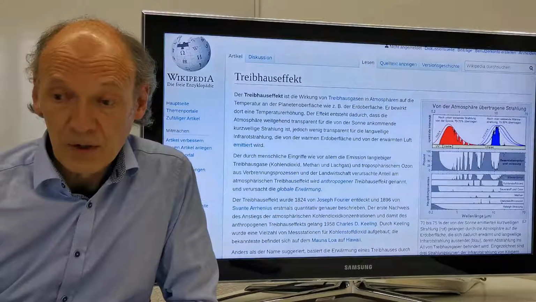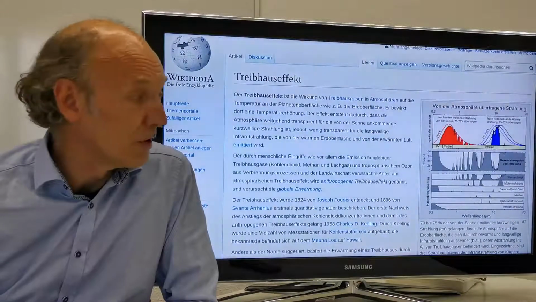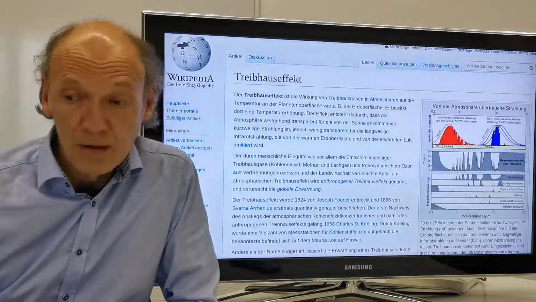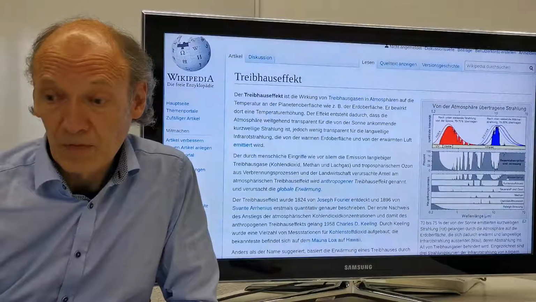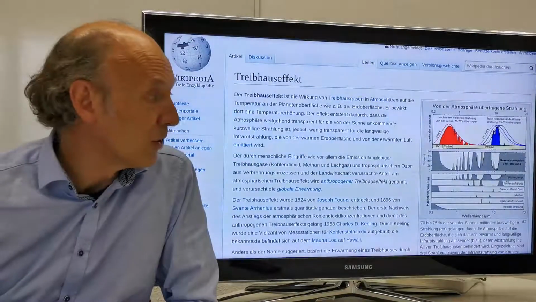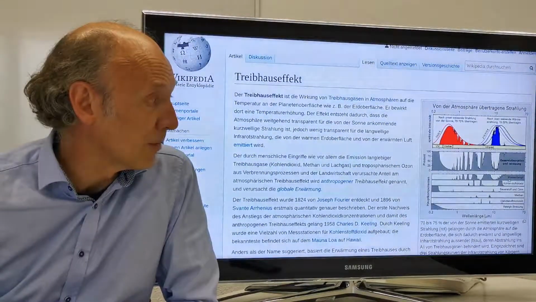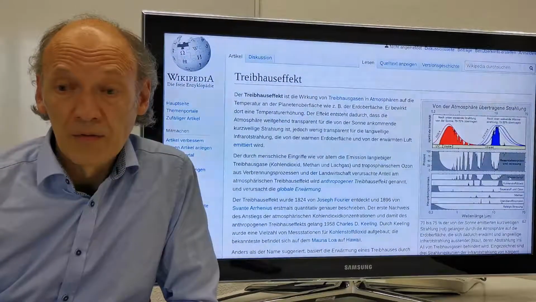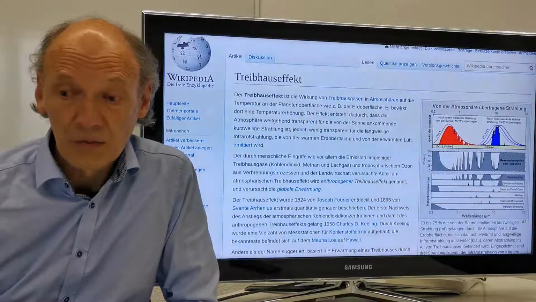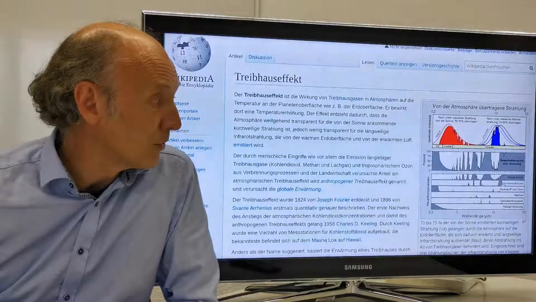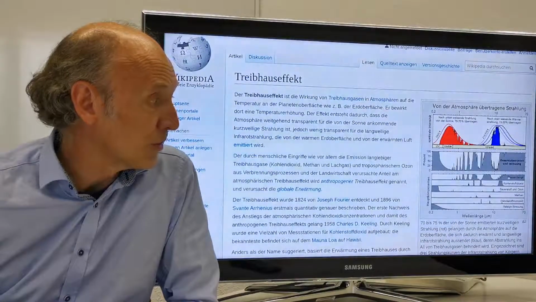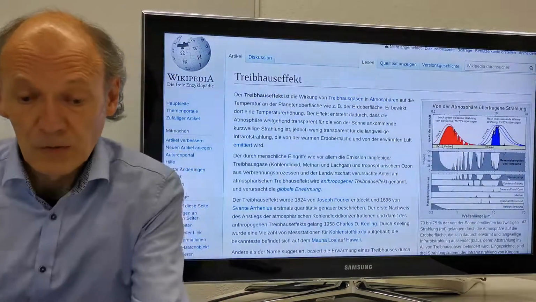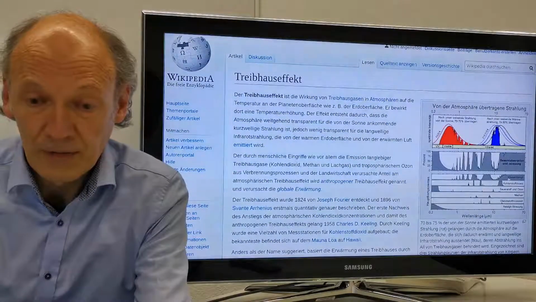So you can see here actually water vapor has more of this absorption spectra, but water vapor is basically a consequence of warming up. So this can be seen as increasing the greenhouse effect. So if we have more CO2, we will have more water vapor, which in turn increases the greenhouse effect. So going back to my slides.